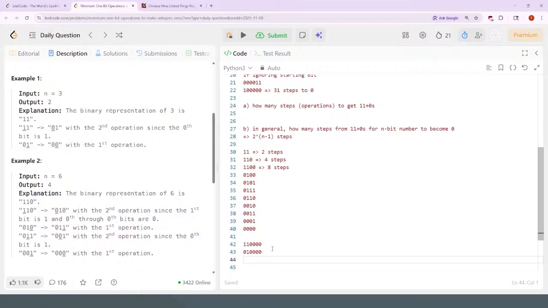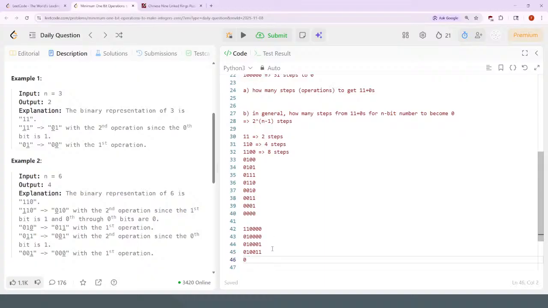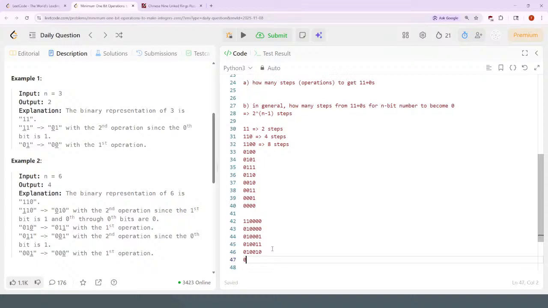Goal here is to get to 1, 1, 0, 0, 0, 0. So I think you just have to go like 1, 0, 0, 0, 1, 0, 1, 0, 0, 1, 1, 0, 1, 0. It's here. It's 1, 0, 0, 0. That point can go to the next level.